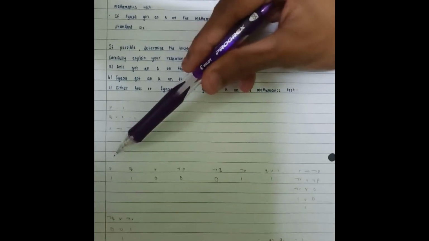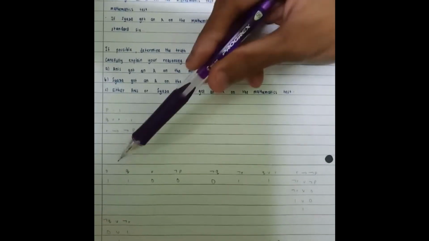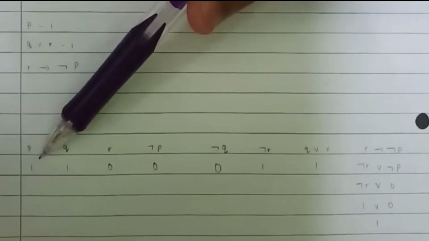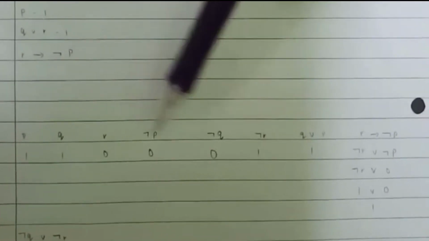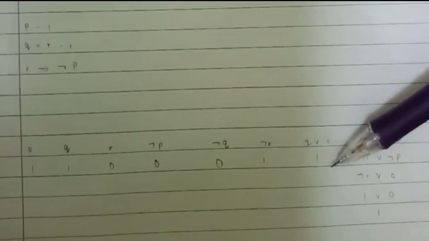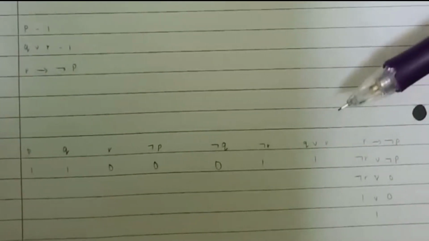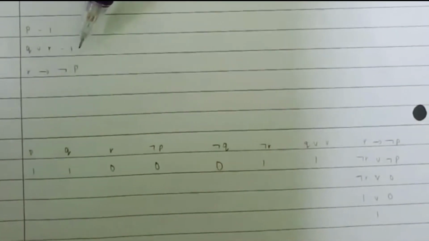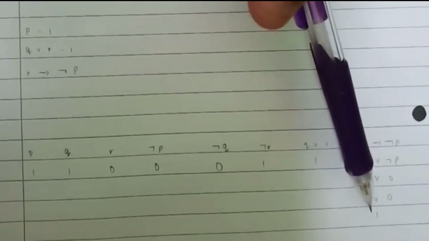The next thing we have to do is create the truth table, where P is 1, Q or R is 1 also, and R implies not P is also 1.